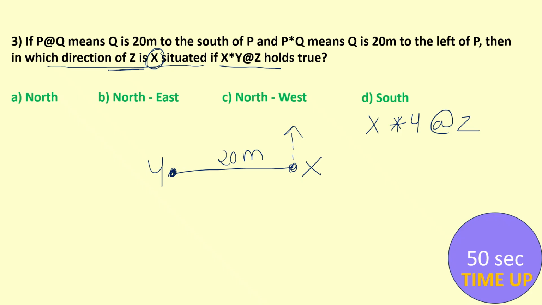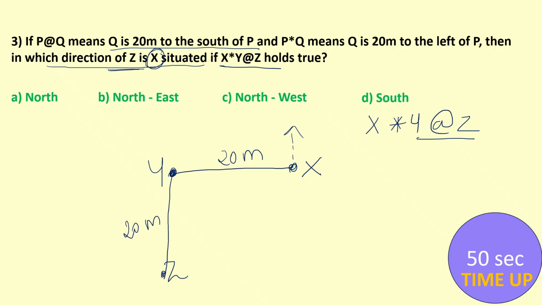Next, Y at Z. Y at Z means Z is 20 meter to the south of Y. Correct?